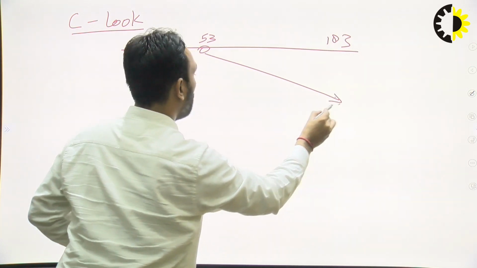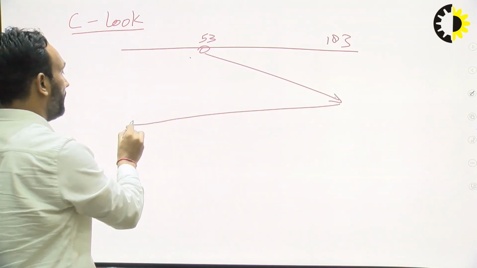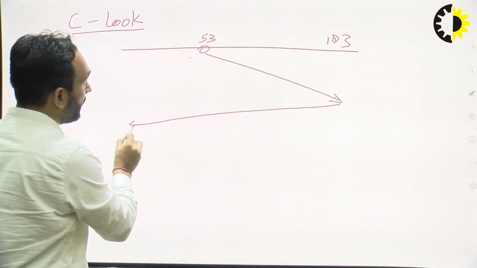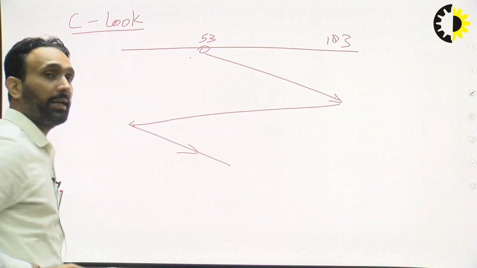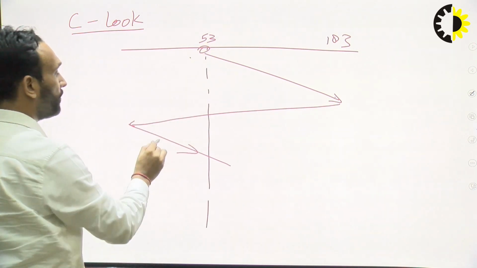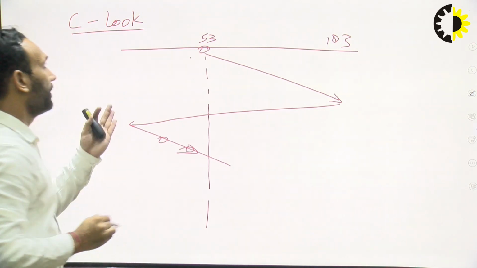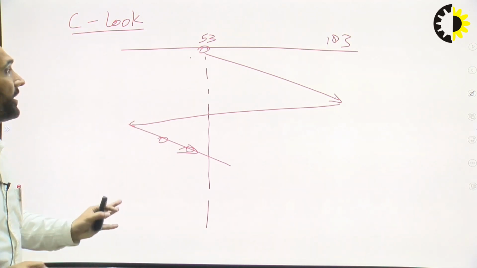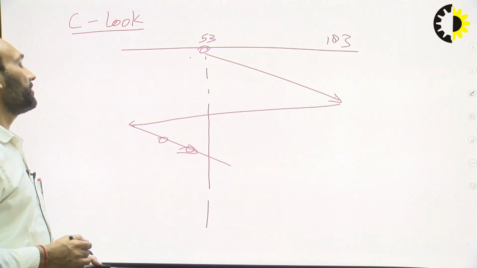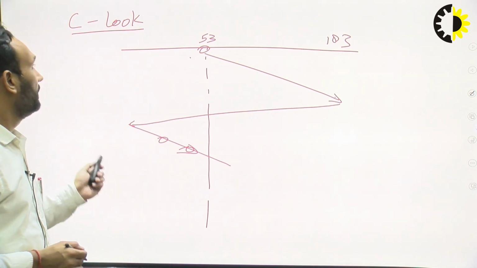Then it will not read any address when it moves to the other location, and starts reading again the remaining head locations that lie in the other portion of the starting head location. So that is the basic difference between the C-LOOK and LOOK methods.